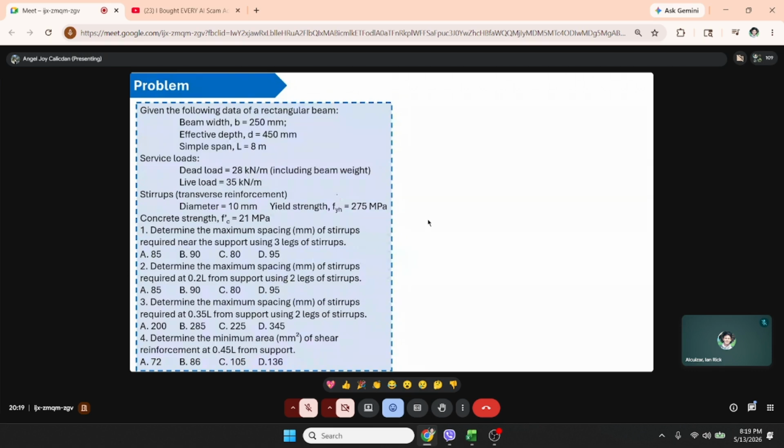So fyt is what we use, fyh. Concrete strength is fc' 21 MPa.